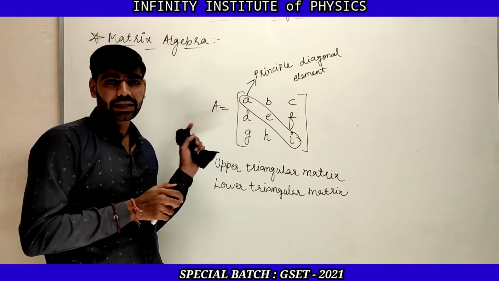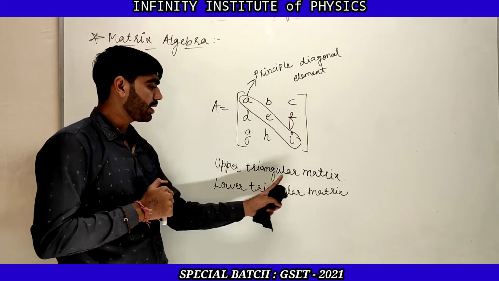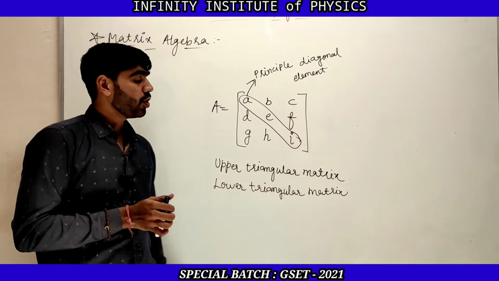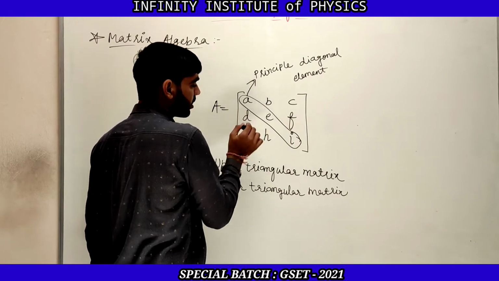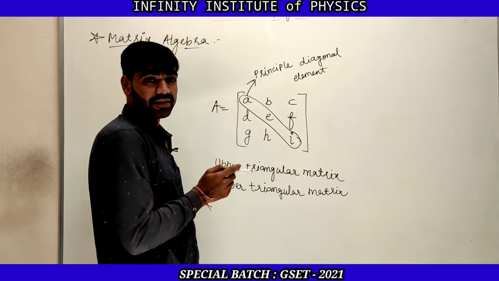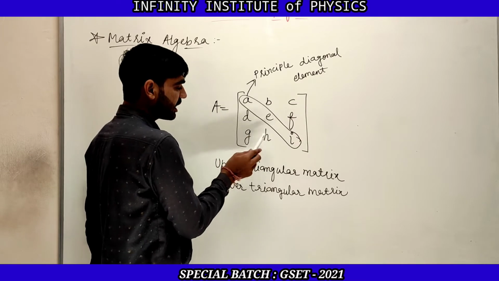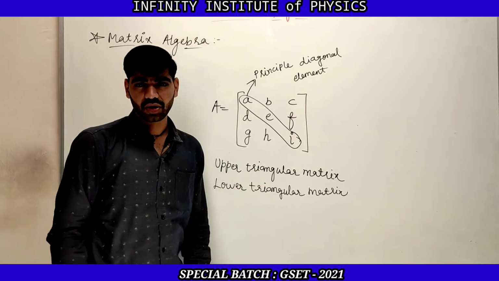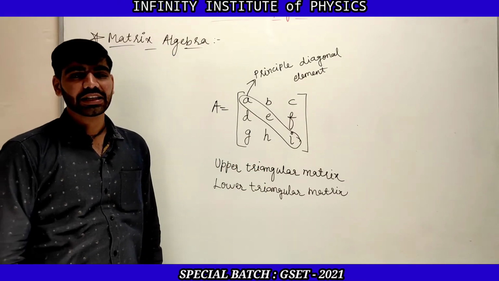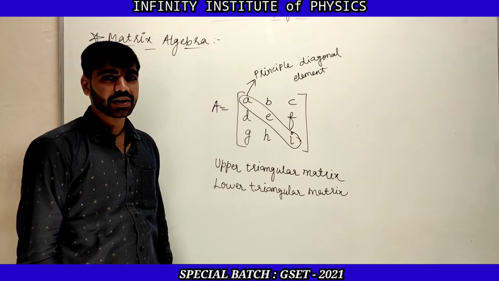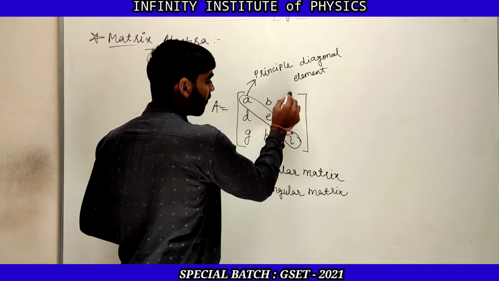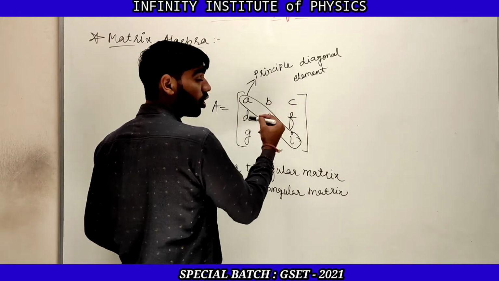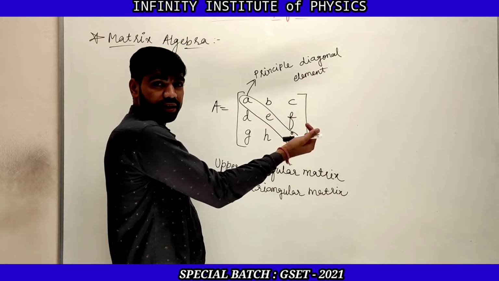So a matrix is said to be an upper triangular matrix if all the entries below the principal diagonal are 0. That means the values of D, G and H are 0. Then we can say that the matrix is upper triangular, because this forms a kind of triangle on the upper side of the given matrix.